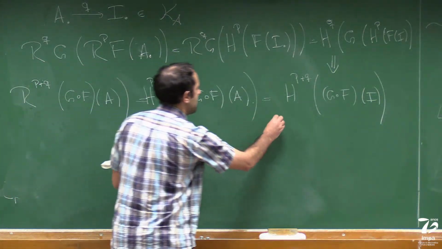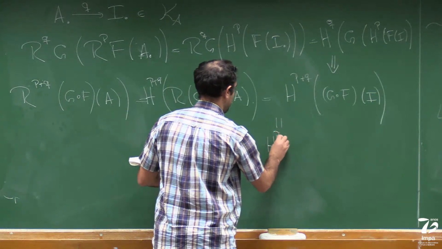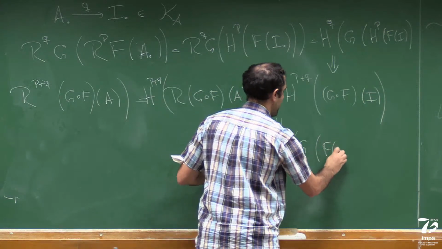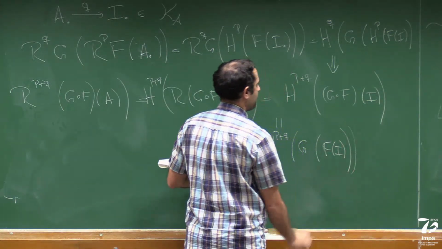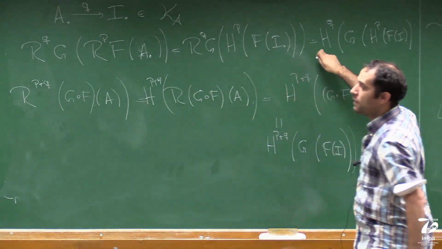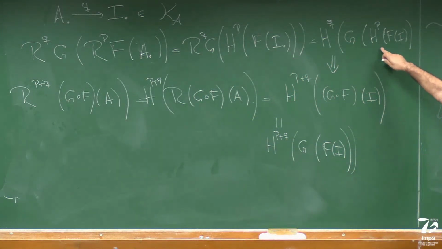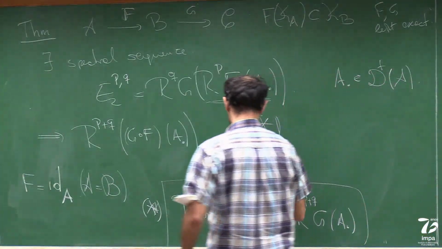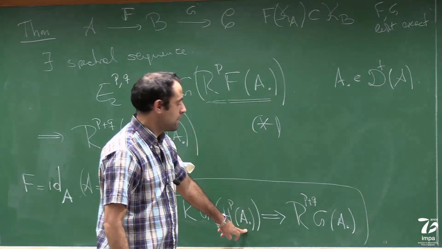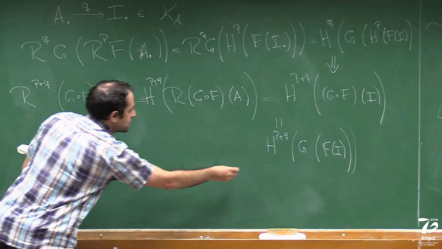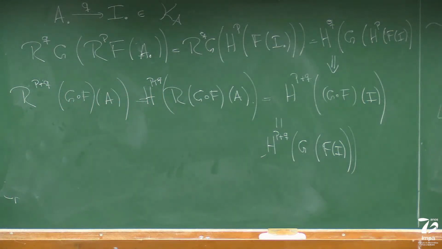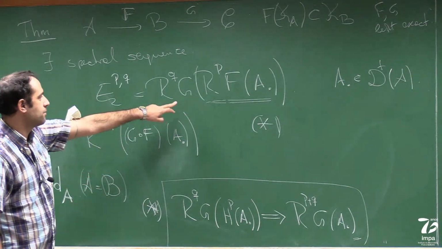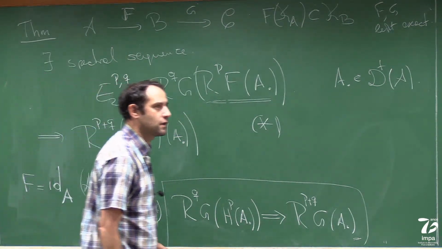This is the (p+q) homology of G evaluated in F of I. And this is the q homology of G applied to the p homology of something. Okay? So this is equal to this side, where A is that complex, and the other side is equal, explicitly, to this. So if I prove this double star, then I can prove star. And proving double star is not easy.